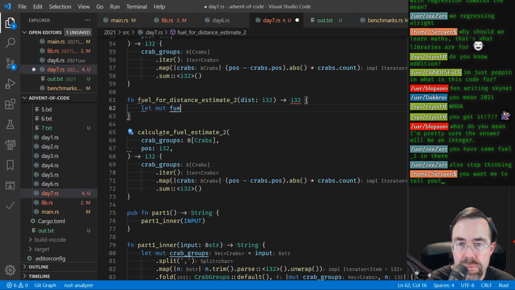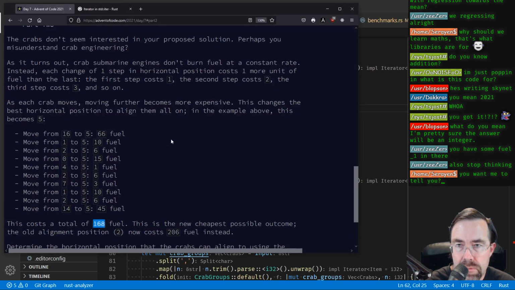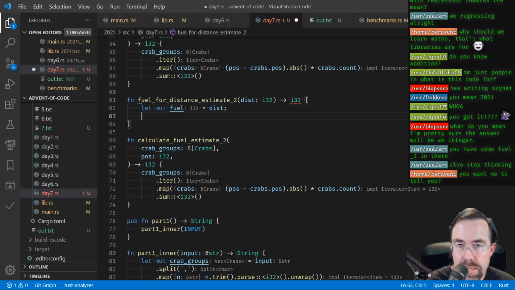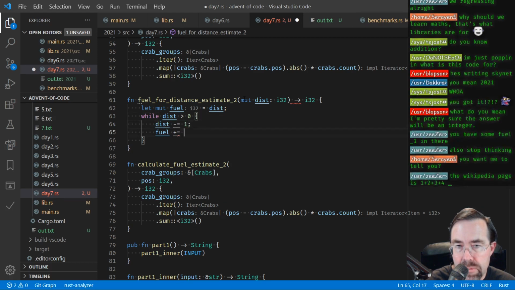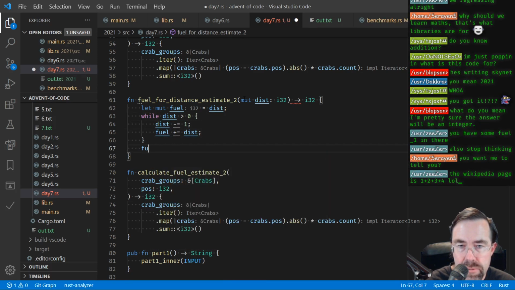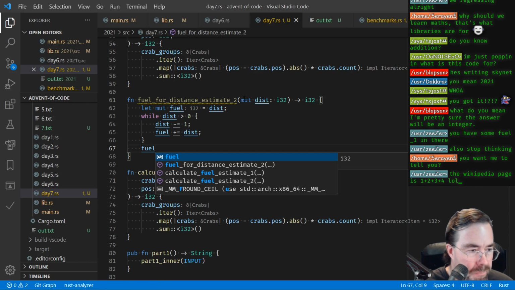Let mut fuel equal distance. While, let's make this mutable. There's got to be a mathematical way to do this, but I'm too tired. While distance is greater than 0, fuel plus equal distance, minus equal 1, fuel plus distance. Return fuel. Is that correct?